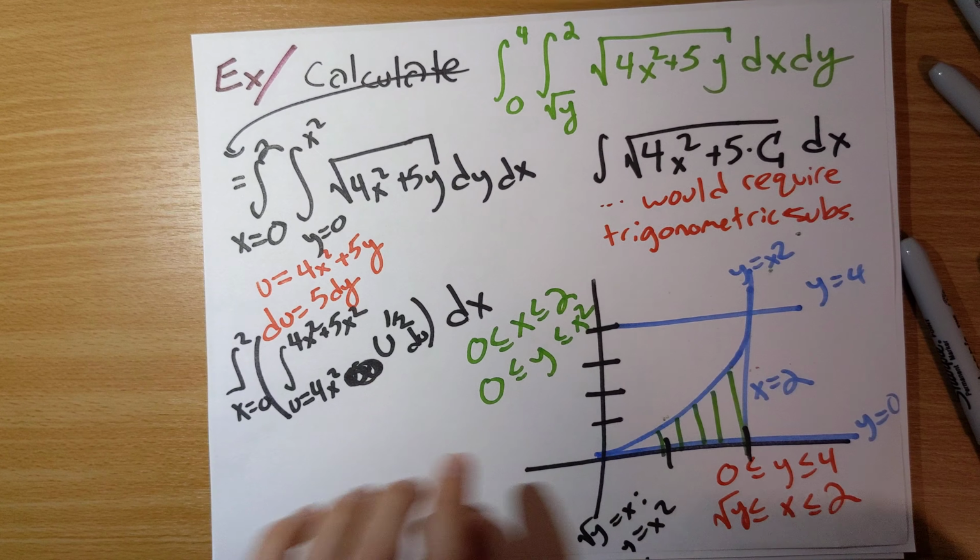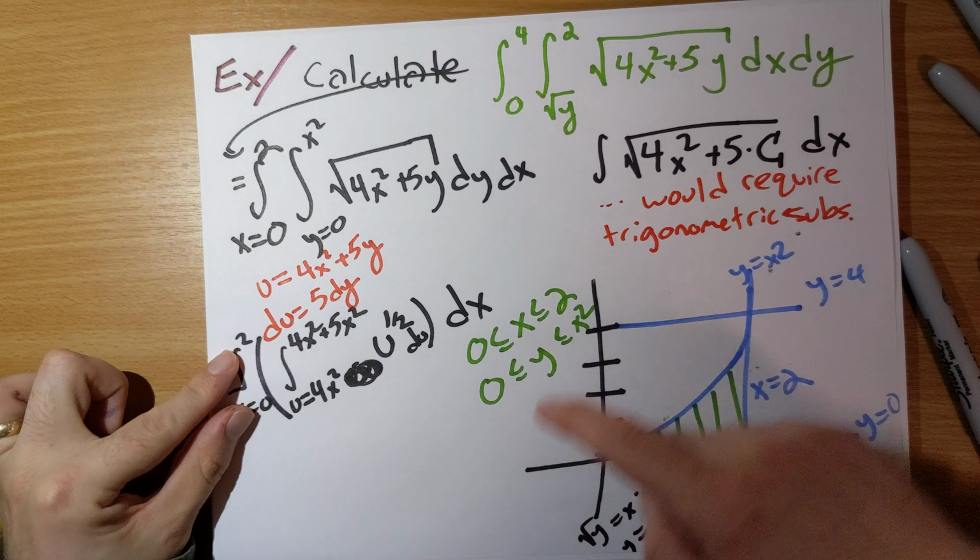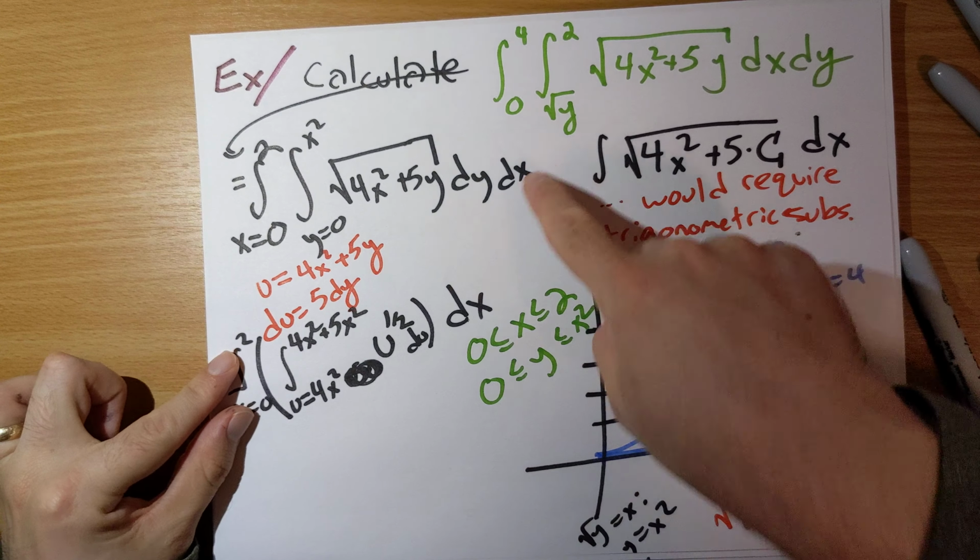So what happened here? The outside integral from 0 to 2 stayed put, that dx stayed put, and dy got replaced with du. I also need to account for du being 5 dy by dividing by 5 here. And 4x squared plus 5y, that's u, so we have the square root of u, and then we replace the bounds, because it's a definite integral, so we need to replace our bounds.